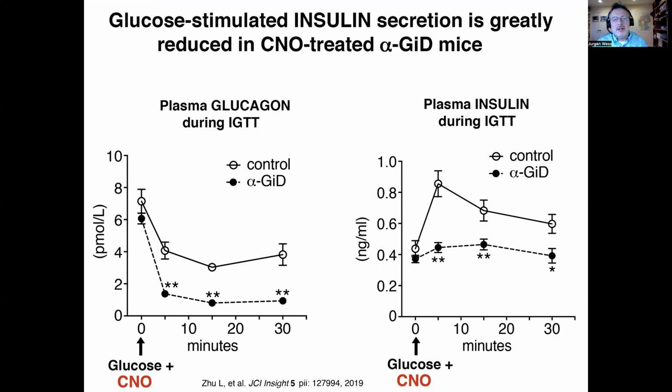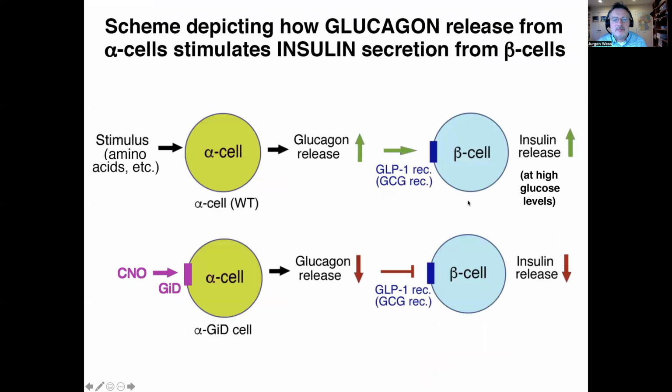And we also carried out a series of studies with perifused islets prepared from these mutant mice that supported this concept. I don't have the time to show you these data. These data, as well as additional work that we carried out with different receptor blockers, led us to propose the following scheme. The release of glucagon from alpha cells enhances the release of insulin from beta cells, especially when glucose levels are high.